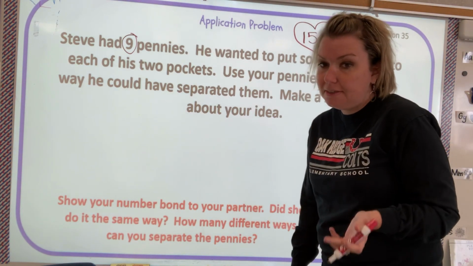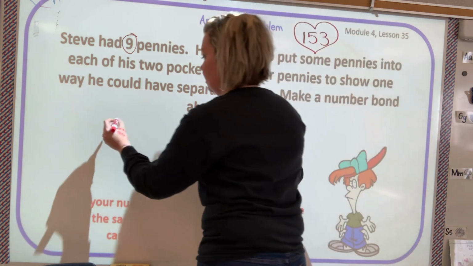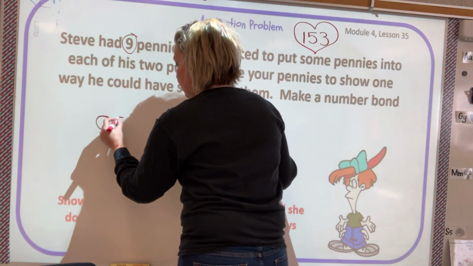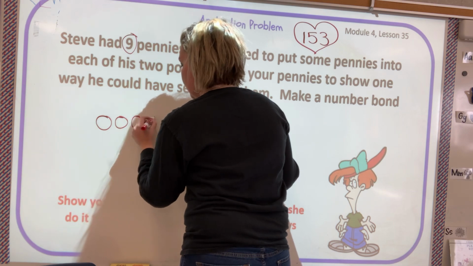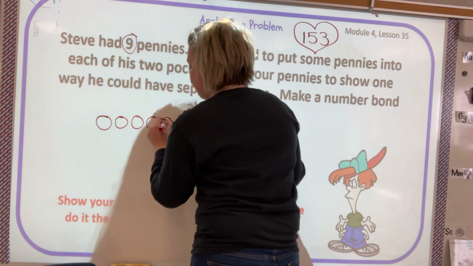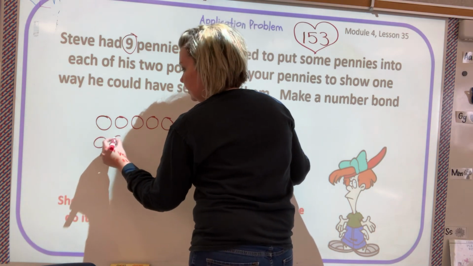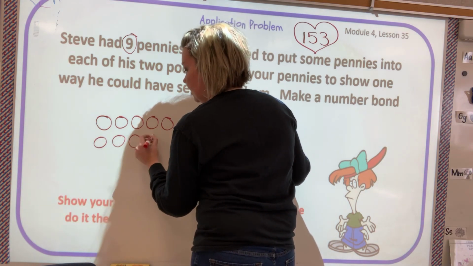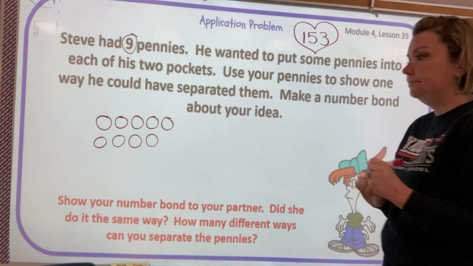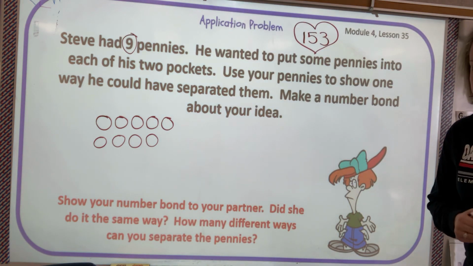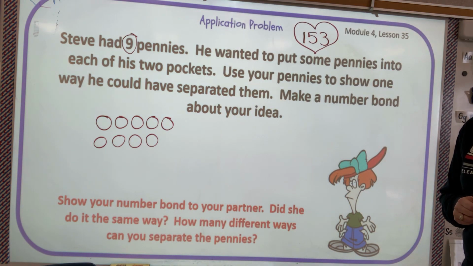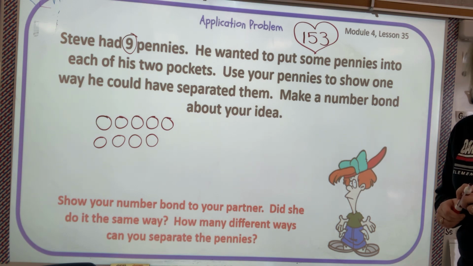I'm going to draw mine the 5 group way. 1, 2, 3, 4, 5, swoop down, 6, 7, 8, 9. You do it too.